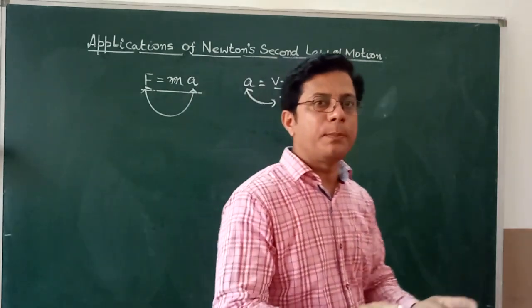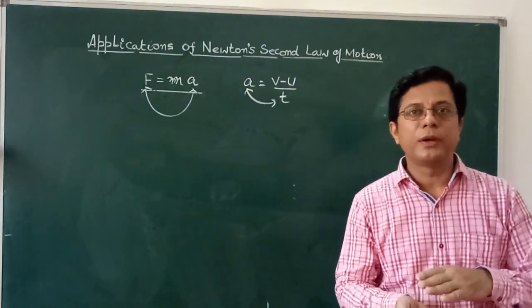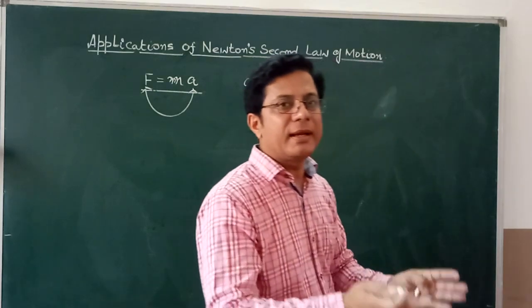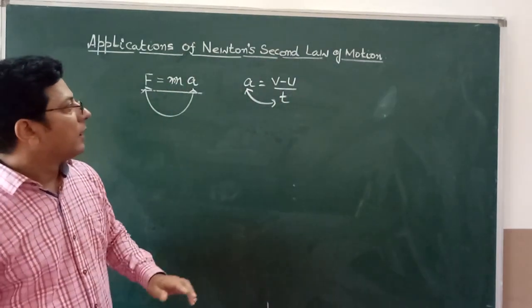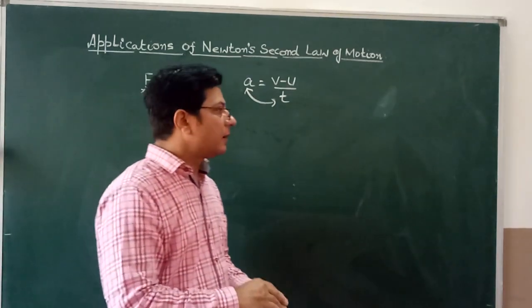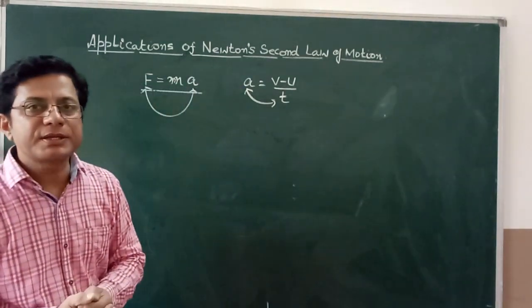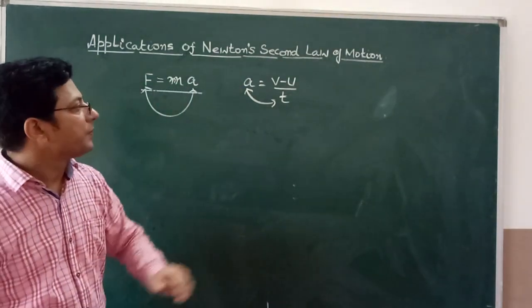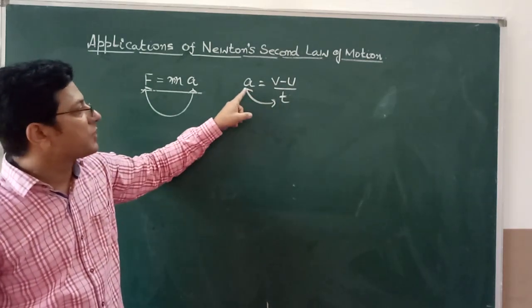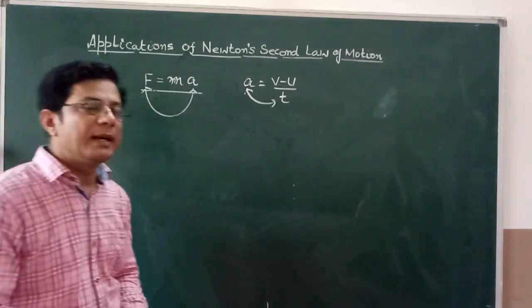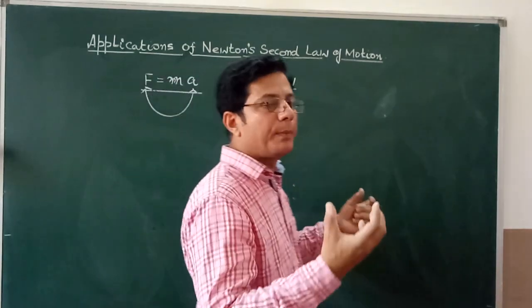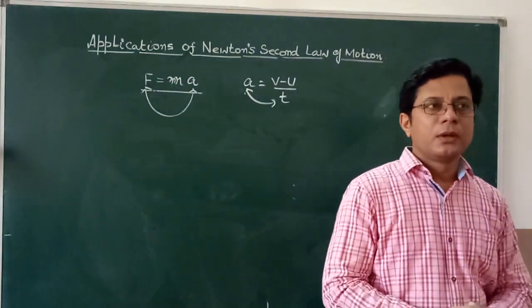Force exerted by the ball on the palm will be less. कि जो प्लेयर है जो कैच कर रहा है उसको चोट कम लगेगी. So once again, when a cricket player lowers his hand, he is increasing his catching time. If time is more, then acceleration will be less. If acceleration is less, then force exerted by the ball on the palm will be less.